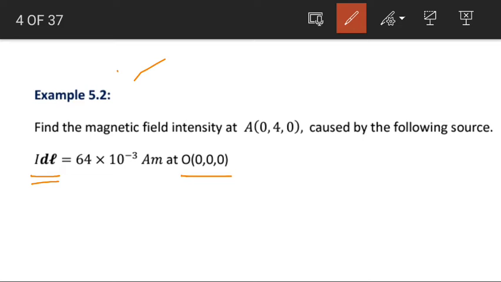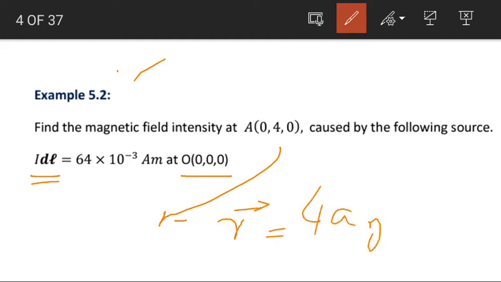So you see, the position vector of the point under observation is represented by R, and you see R will be equal to 4 AY. This is the position vector of the point under observation.